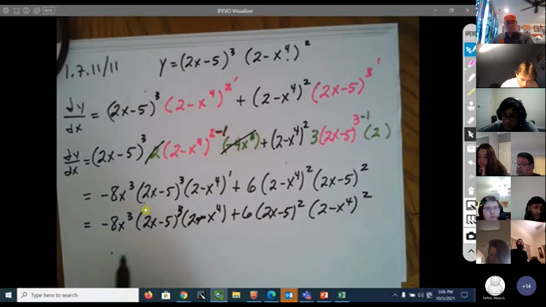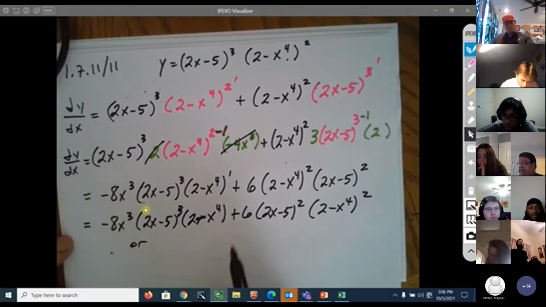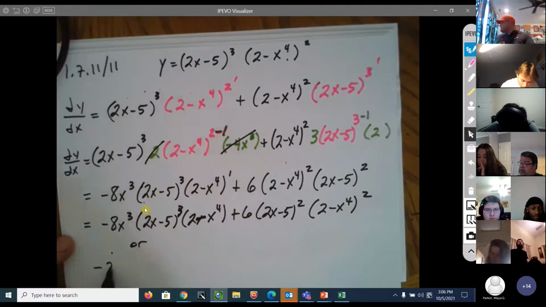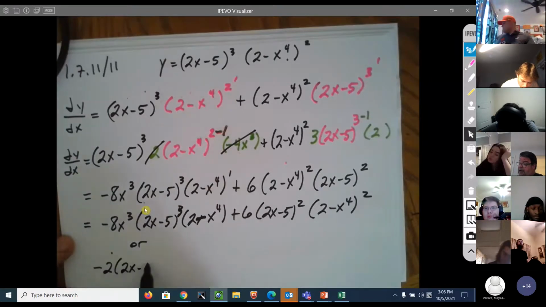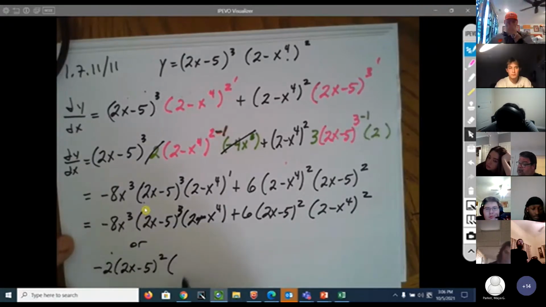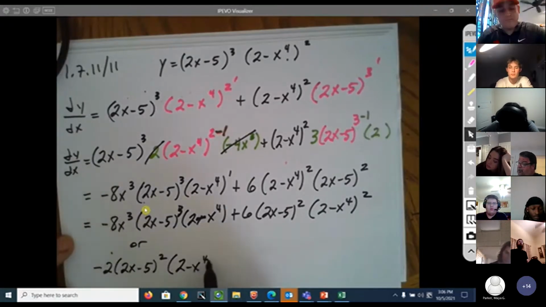And I'm just going to put that right here. I'm going to factor out a negative 2. And then I'm going to factor out a (2x minus 5) to the 2nd power and a (2 minus x to the 4th) to the 1st power.